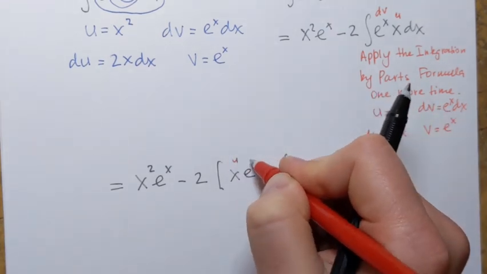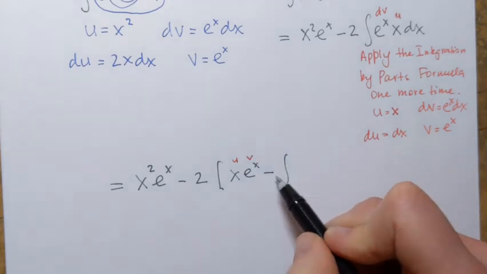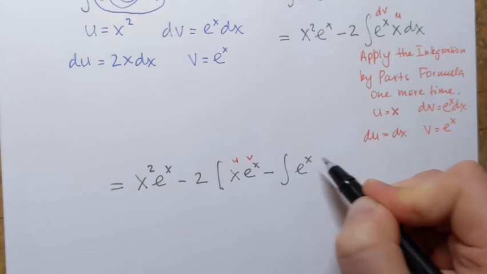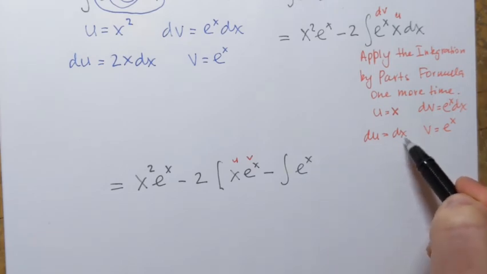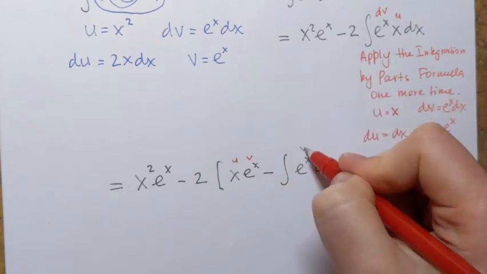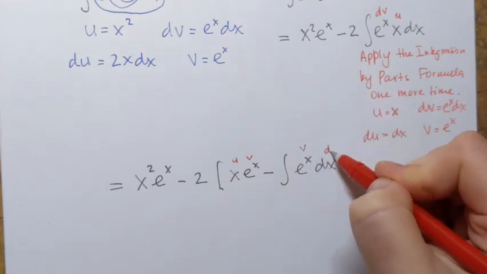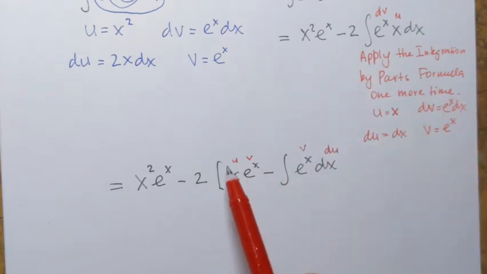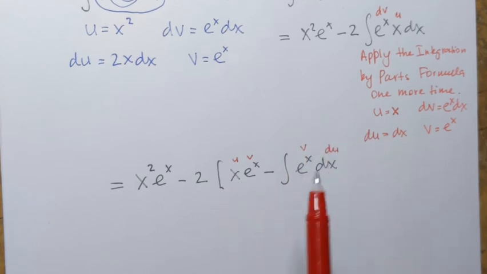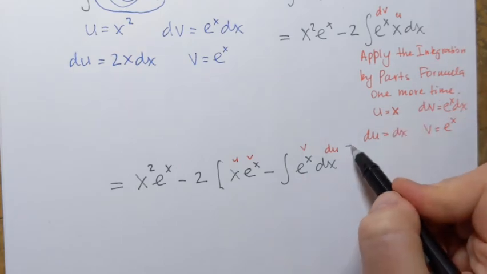That's u v, and now minus integral of v du. V is e to the power x, and then du is dx. So that is v du. You have to have formula in front of you for this to make more sense. So make sure you're looking at the formula as you're doing that step. Like that.